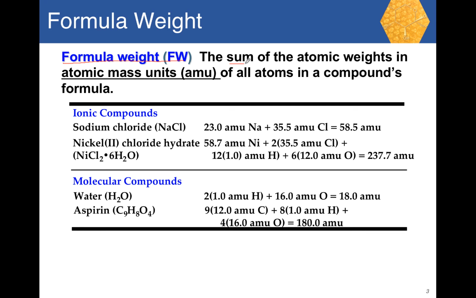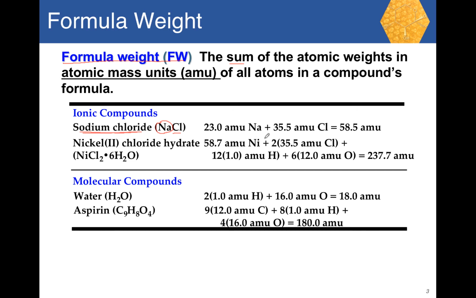So let us use an example here. For example, if you're asked to calculate the formula weight of the ionic compound sodium chloride, you'd look at your periodic table and you'll find sodium, and you'll decide what is the atomic weight of sodium from the periodic table. Same for chlorine. You'll find chlorine and you will look at the atomic weight of chlorine and you add them.